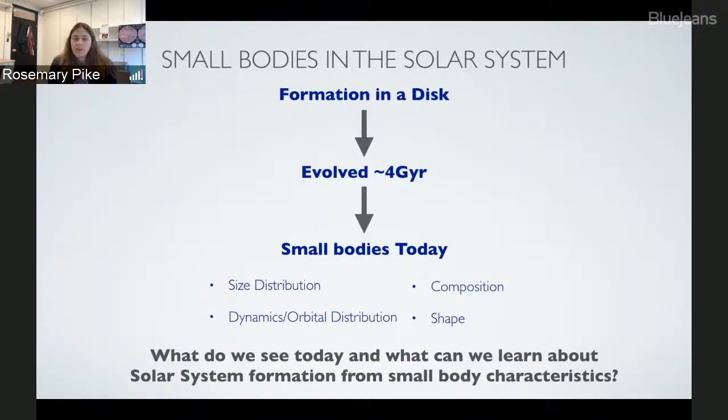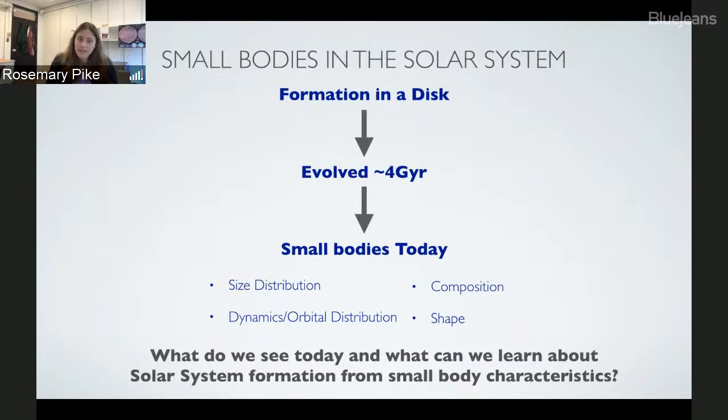To start off, as a general overview, we have small bodies in the solar system which all formed in a disk. They evolved over a period of 4 gigayears through collisions and scattering and movement by giant planets, and all of that resulted in the small bodies that we see today. There are a lot of different populations, and they have a couple of different characteristics that we study to try to understand all of these processes.